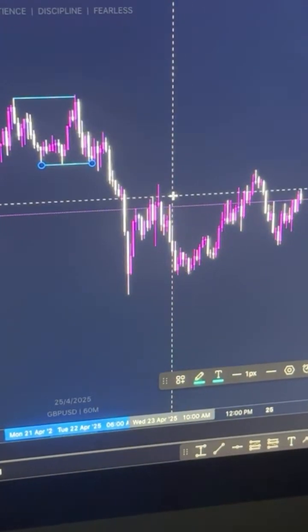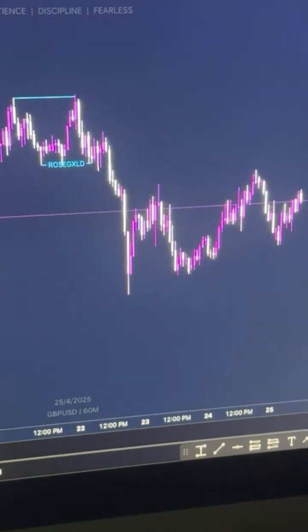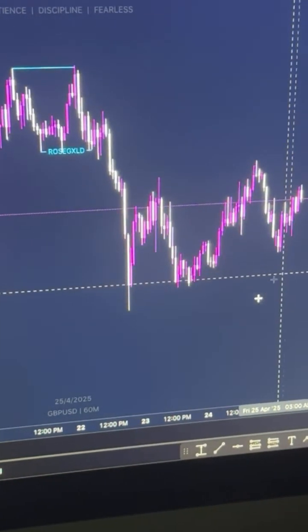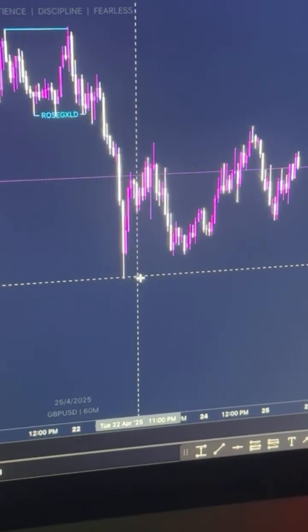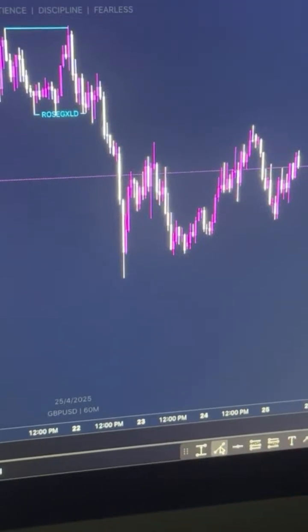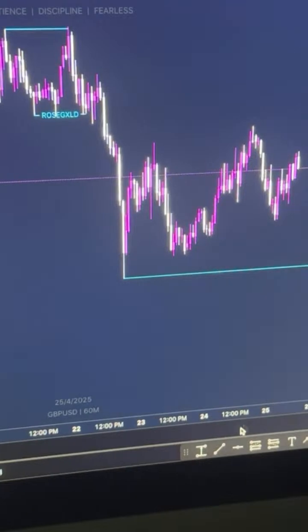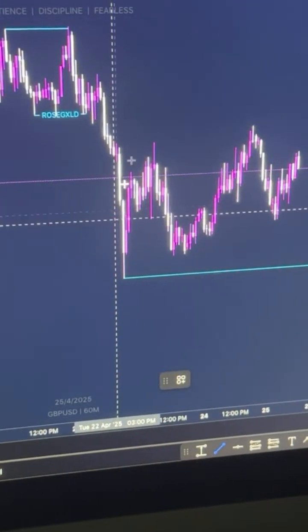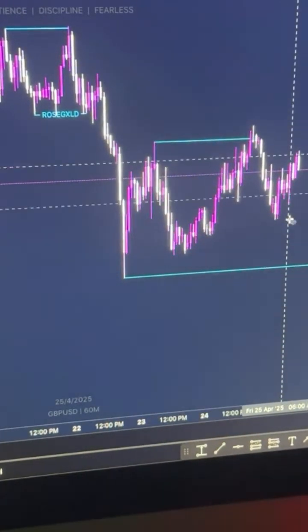So we break that low here, a break of structure to the downside. For sure, I have a major low here that was being protected, so now I'm not going to mark out that low here. This low created this high and we break that high back to the upside there.